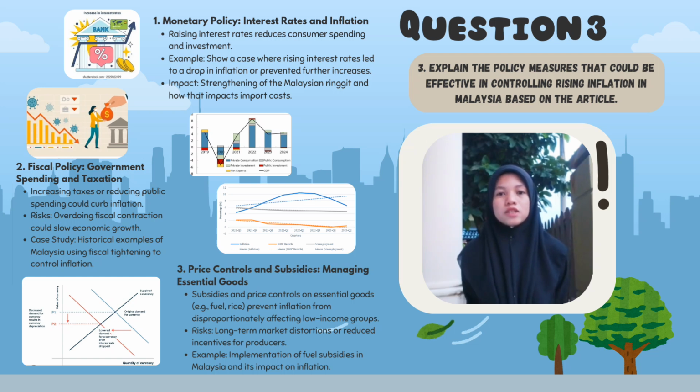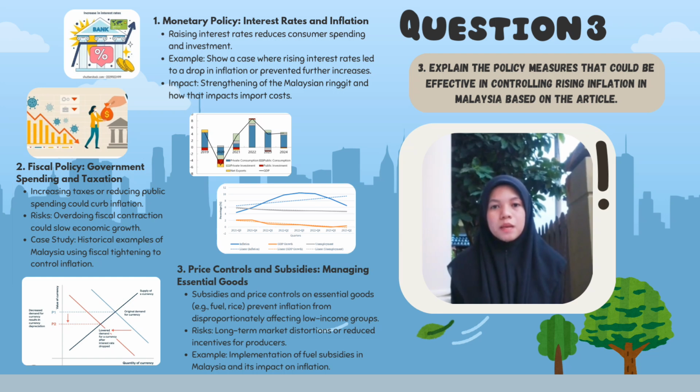However, since long-term regulations may result in market distortions, such interventions must only be temporary. In conclusion, Malaysia's inflation can be effectively managed by combining monetary, fiscal, and targeted price control measures. This will ensure that inflation is kept under control while balancing the country's larger goal for economic growth.